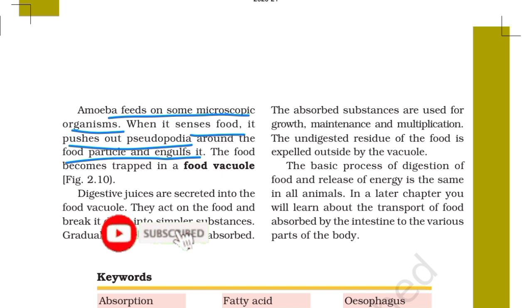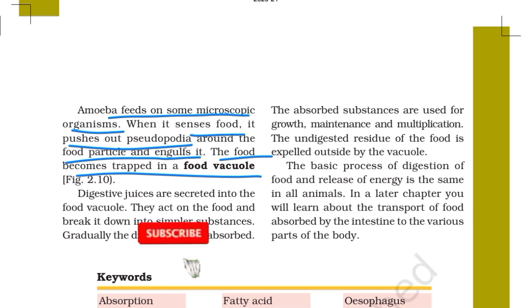When the amoeba senses this food in its surroundings, it pushes out, as I told you previously, finger-like projections, that is pseudopodia. It pushes the pseudopodia around those food particles and engulfs it. Engulfs means eats it. It takes it in, and the food becomes trapped in the food vacuole.